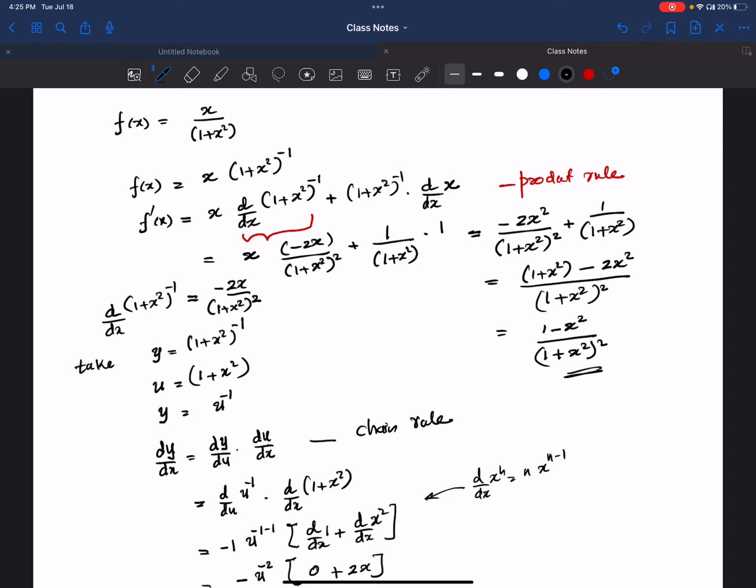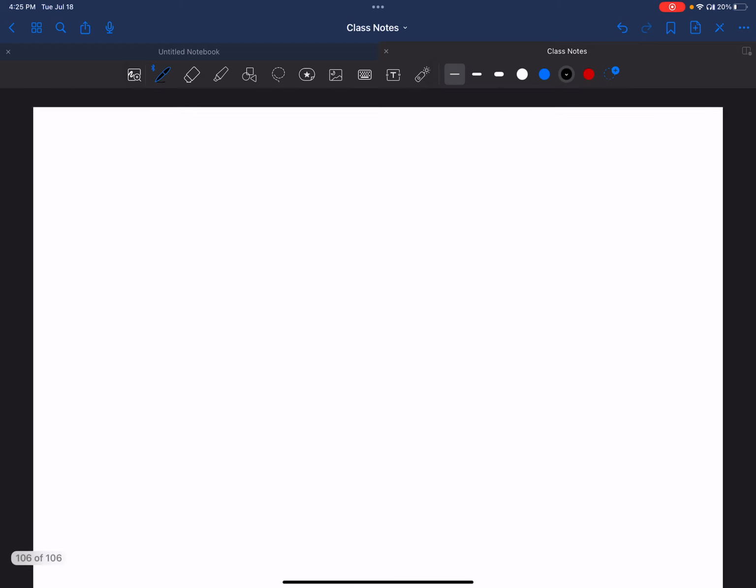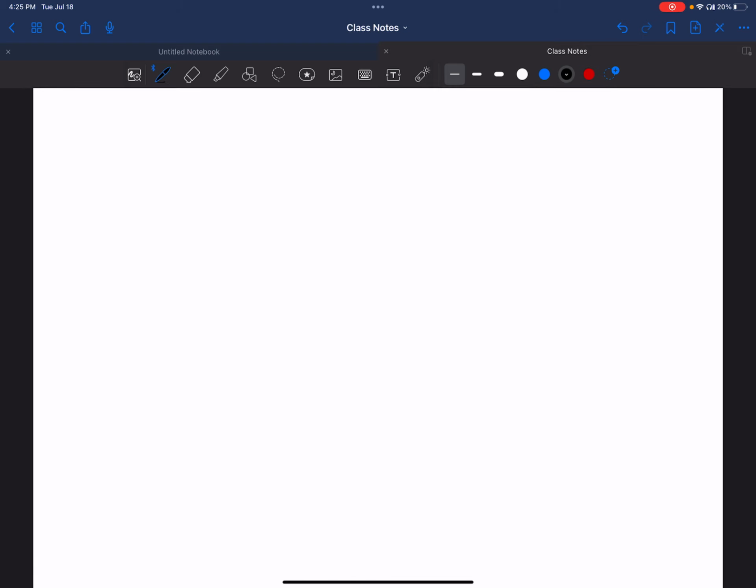And again, we can use another example: d over dt of e to the power t divided by e to the power t plus 1. I can do this using the quotient rule.